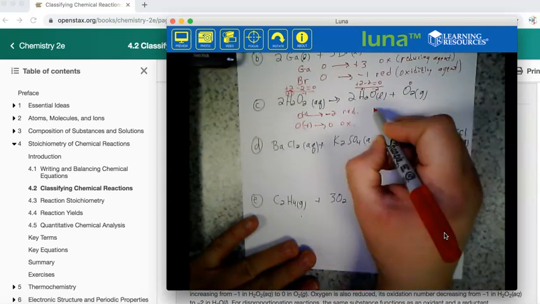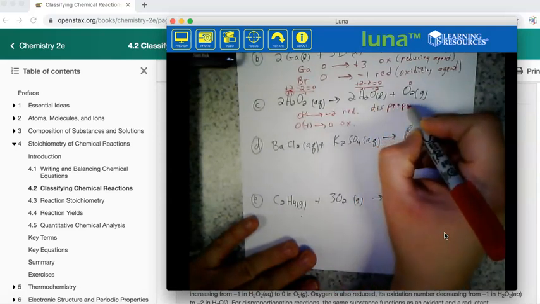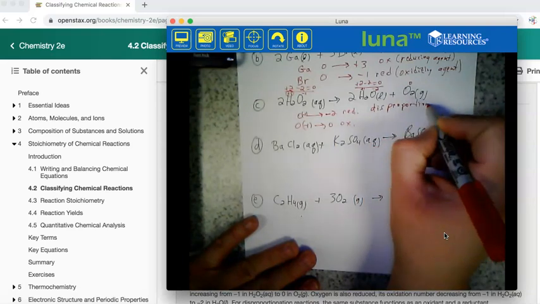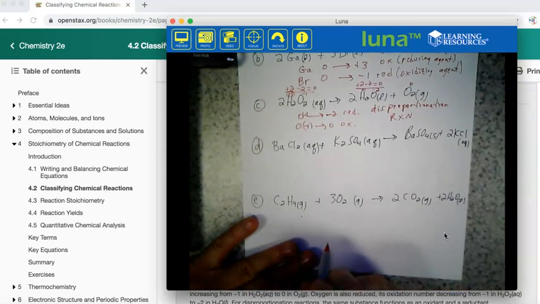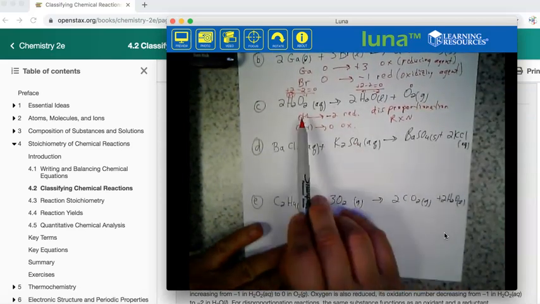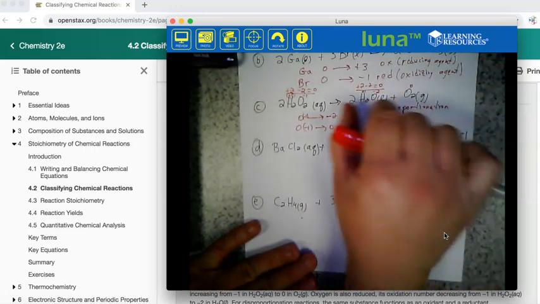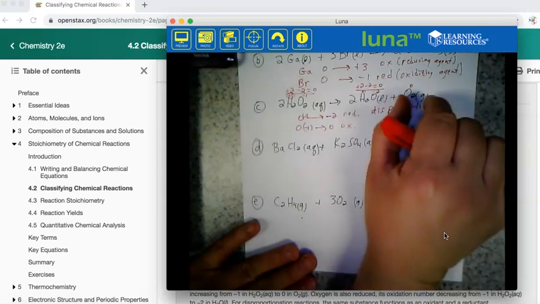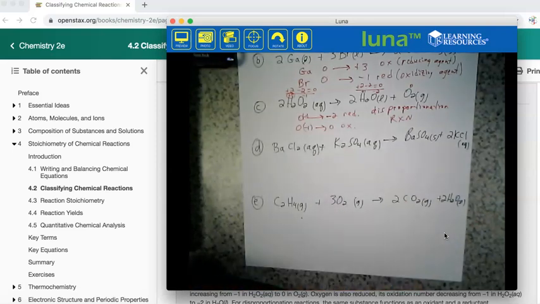So this is referred to as a disproportionation reaction, where you have one element that's undergoing both oxidation and reduction because it's basically splitting up into two different molecules or compounds, and you're able to see the oxidation numbers change.